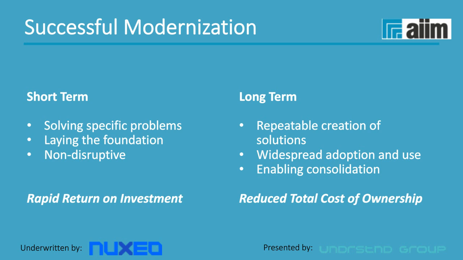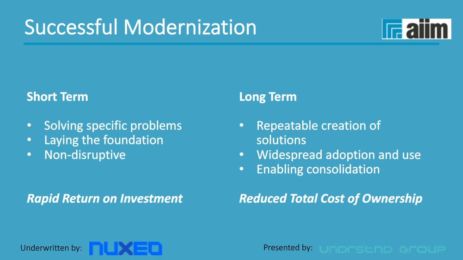And finally, it can help you manage and control the consolidation of all of those many legacy systems that you've got managing information throughout your business. And by doing that in conjunction with the other pieces, the business can see an overall reduced total cost of ownership for managing information.